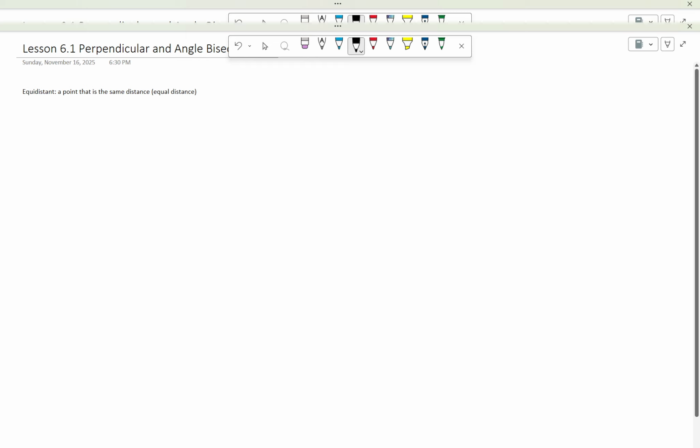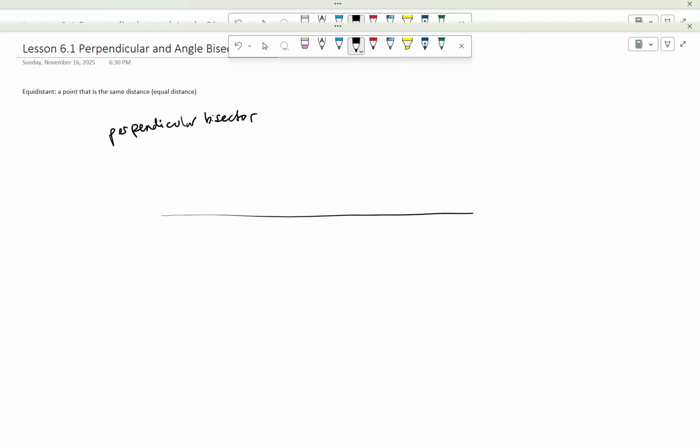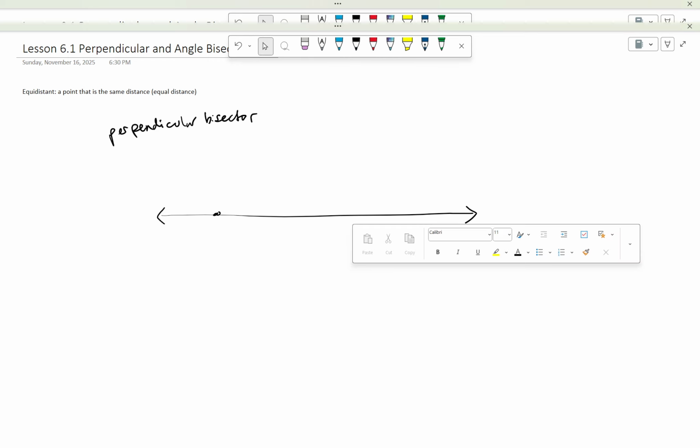So, and again, let's actually talk about what the perpendicular bisector is. We have here a line, right? And then we actually take and add some segments onto it. And what we're going to say here is that through this perpendicular bisector, a number of things are accomplished.